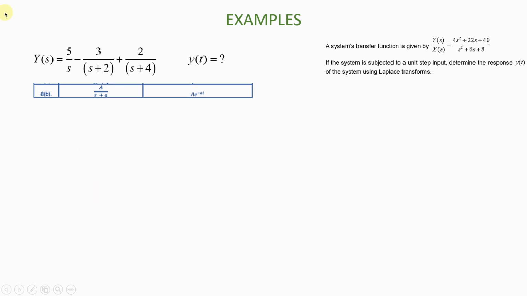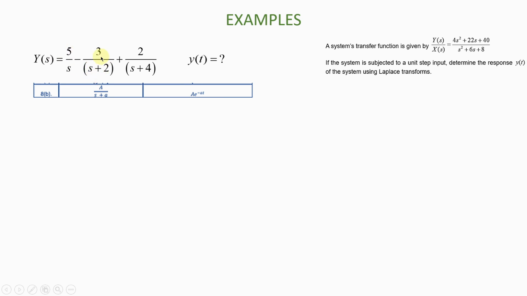So if we look at the first one, it is 5 over s. Of course, capital A will be 5, and small a in this case will be 0 because we just have s at the bottom. So capital A is 5, small a is 0. So e to the power of -0t, so that's 1. Therefore, for this one, if we take it to the time domain, this is just 5.